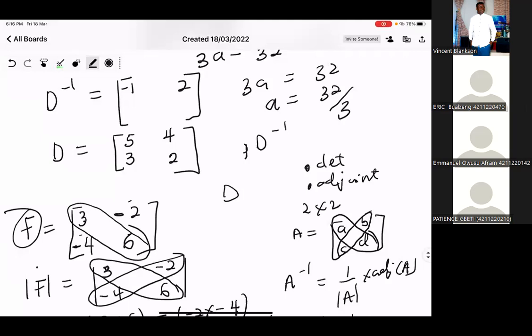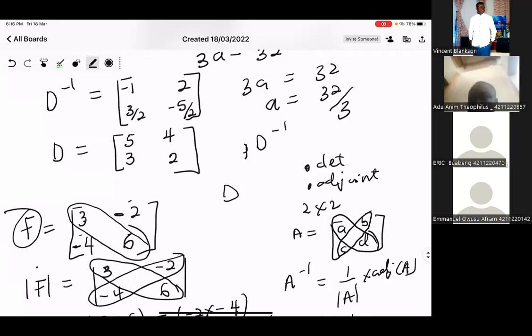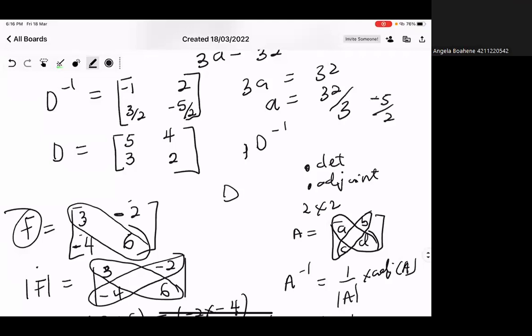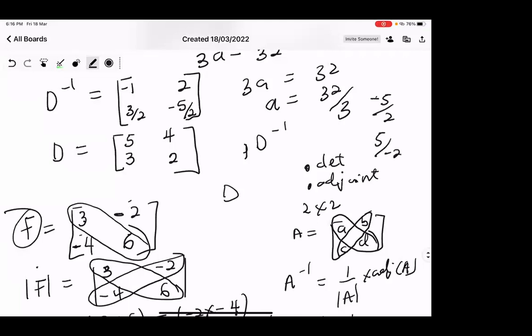Then the down row is 3/2, 5/-2. Oh, it's -5/2. -5/2 and 5/-2 are the same. Yes. Okay, madam. 1/1, -2, -2/2.